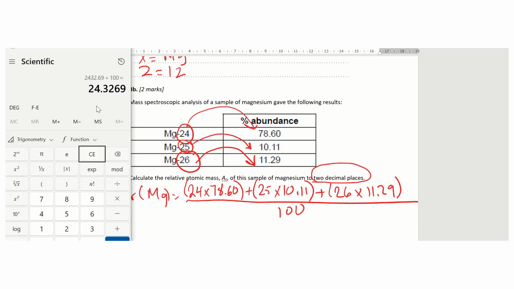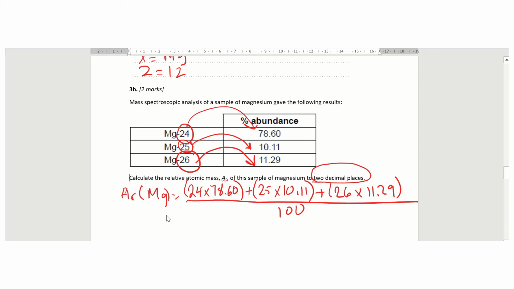When we put this into the calculator, you should get an answer of 24.3269. Now the question specifically asks for 2 decimal places, which means 24.32, but because you've got a 6 next to the 2, the answer is going to be 24.33.